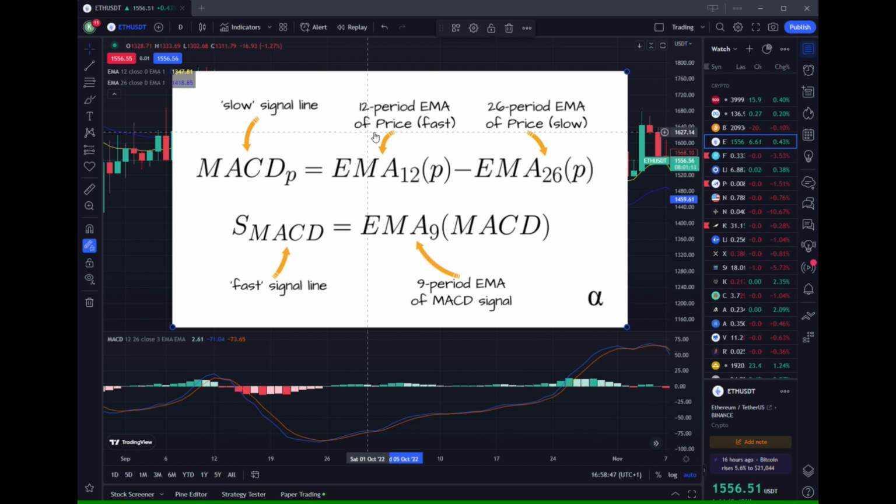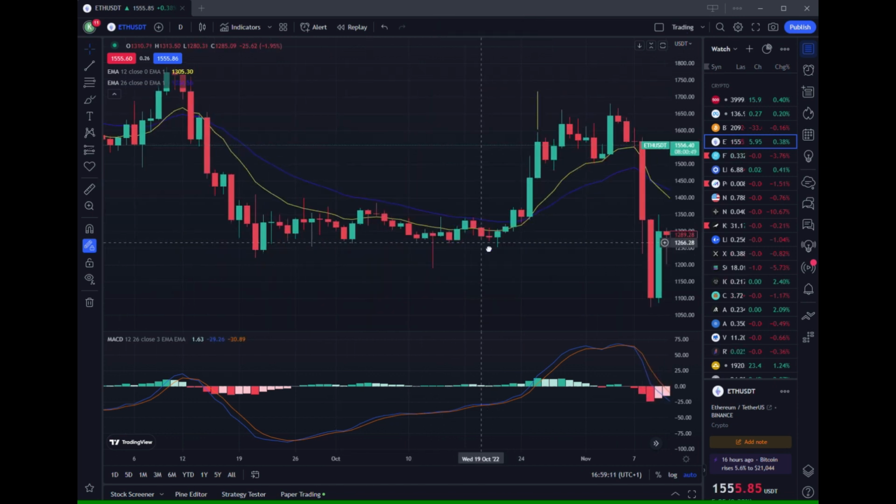To get the signal line, or the fast line as they call it, you would have to take all these values of the MACD line, and this one uses the 9-day moving average, but you can use 3 days or 5 days or whatever you want, I believe. I'm not going to test 9 days because that was horrible. But this is the formula.